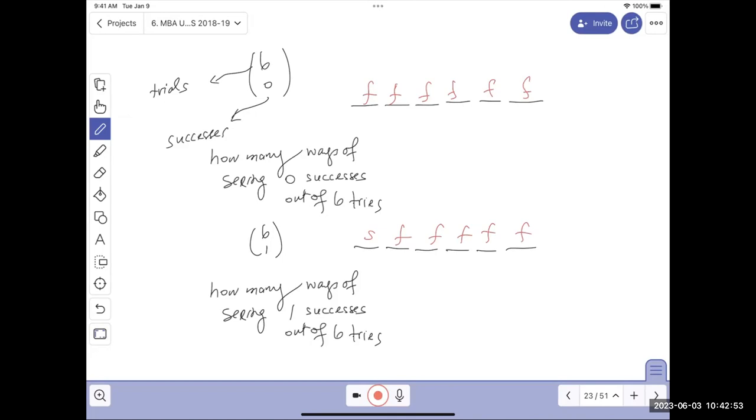I have 2 questions on the board here. For the first one, how many ways of seeing 0 successes out of 6 tries? One way. Very good. There's just one.